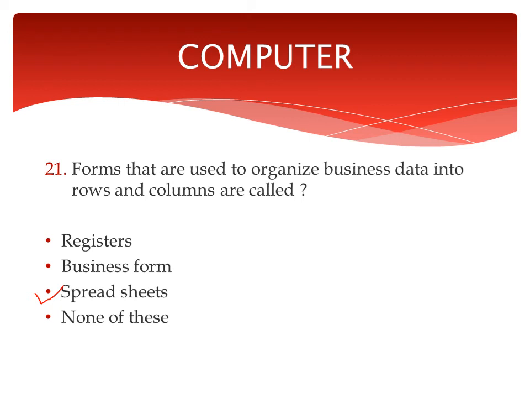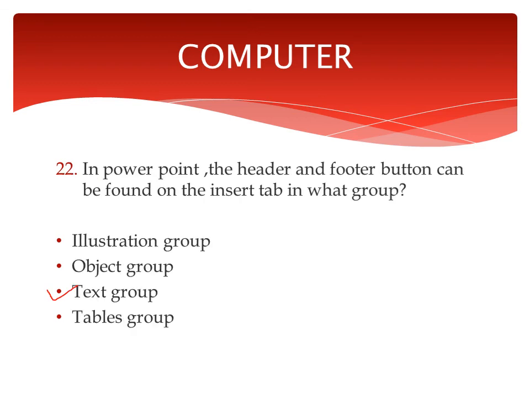Correct answer is spreadsheets. 22nd question: in PowerPoint, the header and footer button can be found on the Insert tab in what group? First, illustration group; second, object group; third, text group; fourth, tables group. Correct answer is text group.